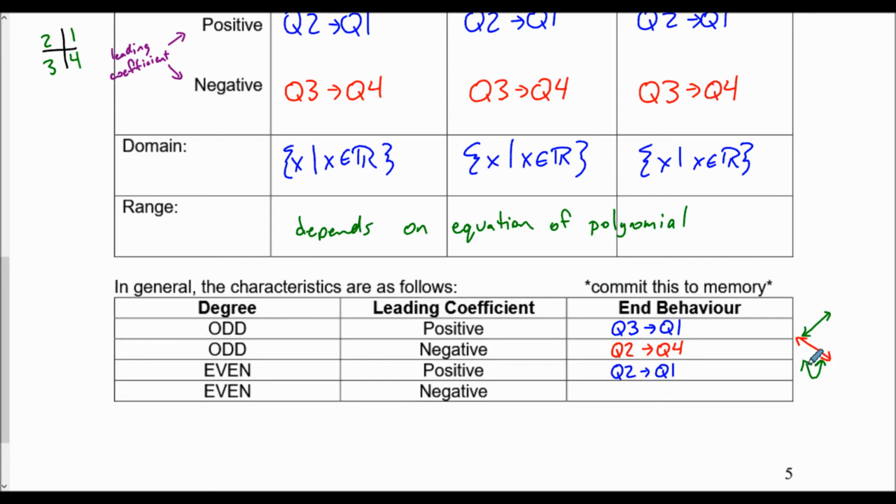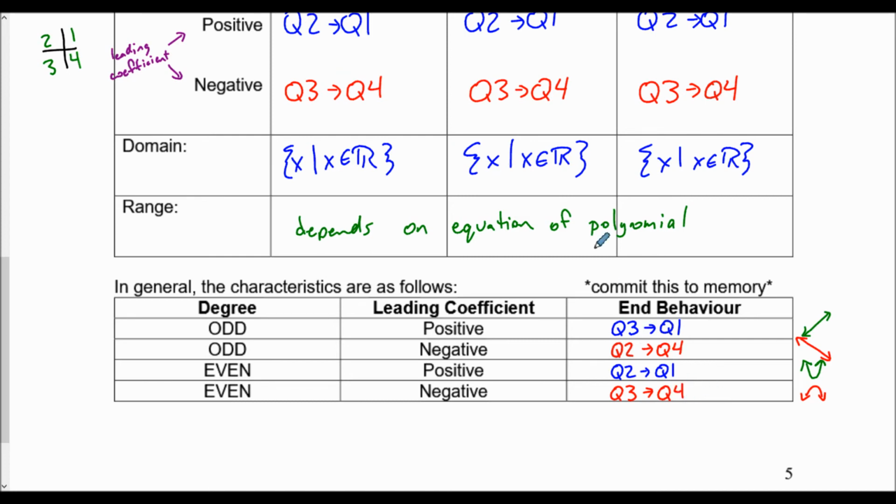The reason I like talking about quadratics is because we deal with them so heavily in Foundations 20, and a lot heavier in Pre-Calc 20, Pre-Calc 20 being really one of my favorite courses, just because there's so many quadratics. I have another fun story on that one, but that's better left for in class. If you have an even negative, so a negative parabola, well, a negative parabola looks like that, which means it's going to be starting in quadrant 3 and ending in quadrant 4.